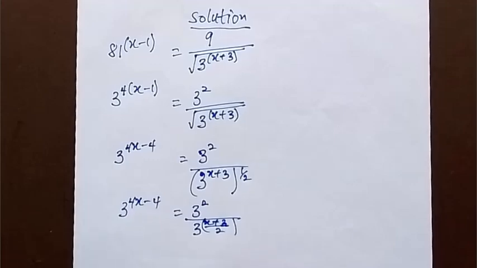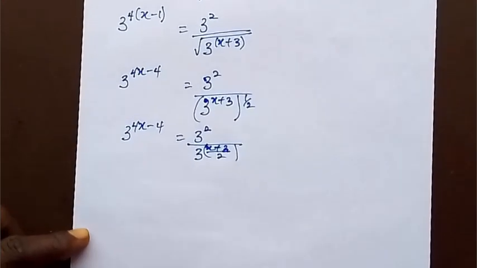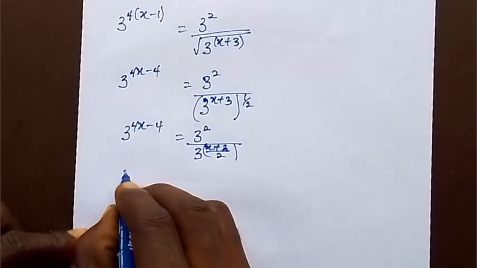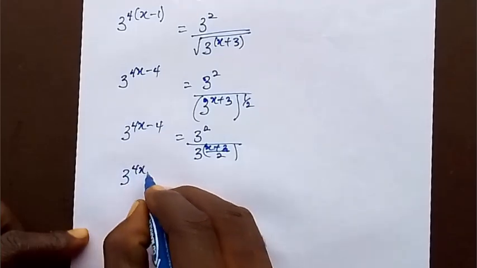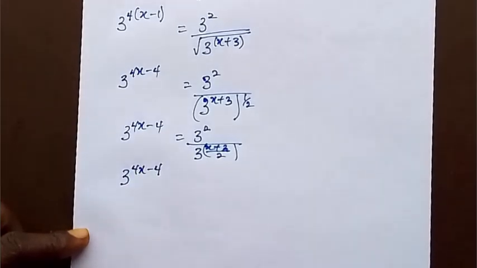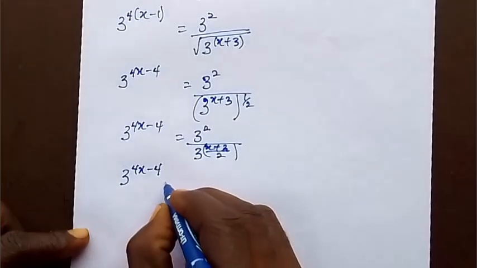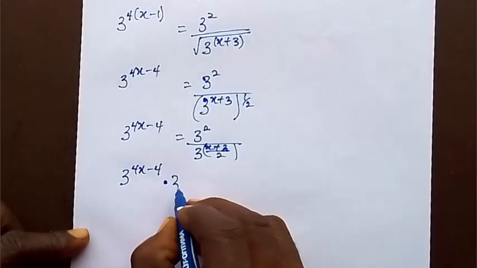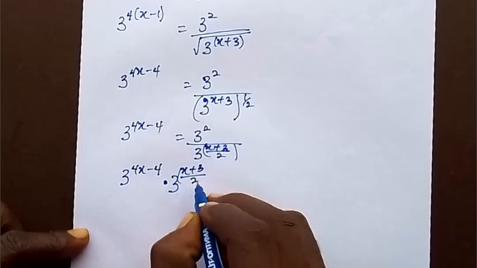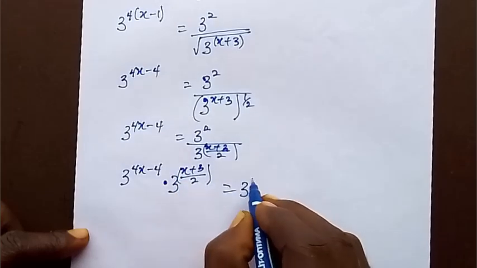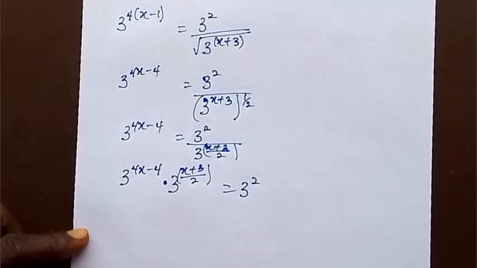Moving ahead, I have 3 raised to the power 4x minus 4. That is, I'm cross multiplying. 3 raised to the power x plus 3 all over 2 equals 3 raised to the power 2.